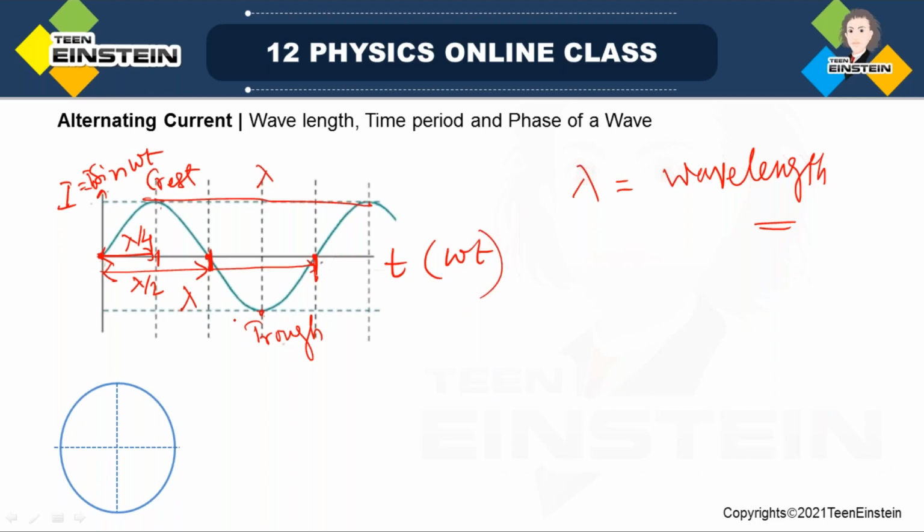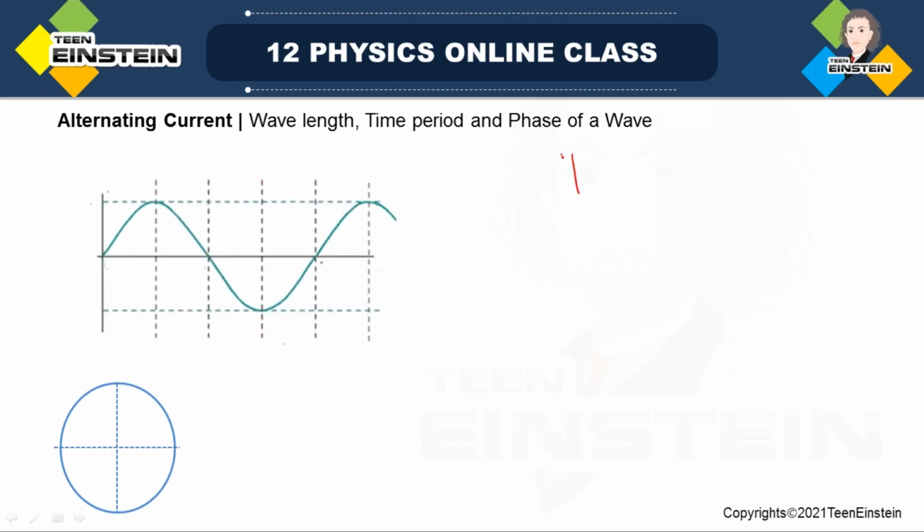The time it takes to complete a full cycle is called the time period, denoted by capital T. So you have learned what lambda or wavelength is. Another important topic here is called phase.